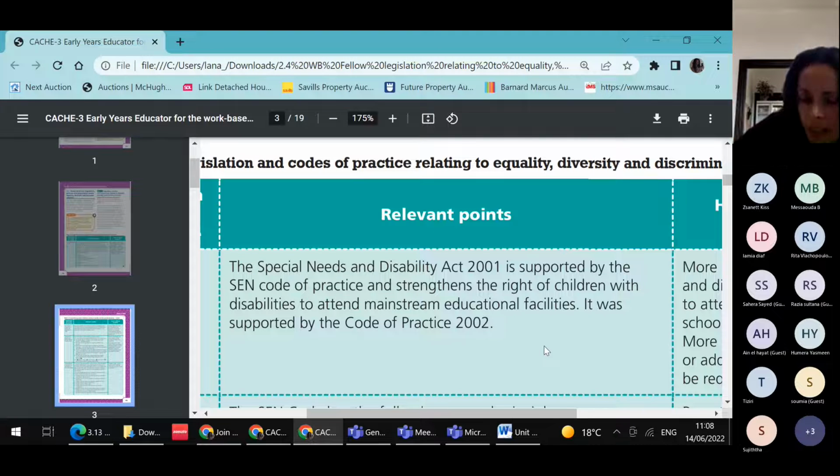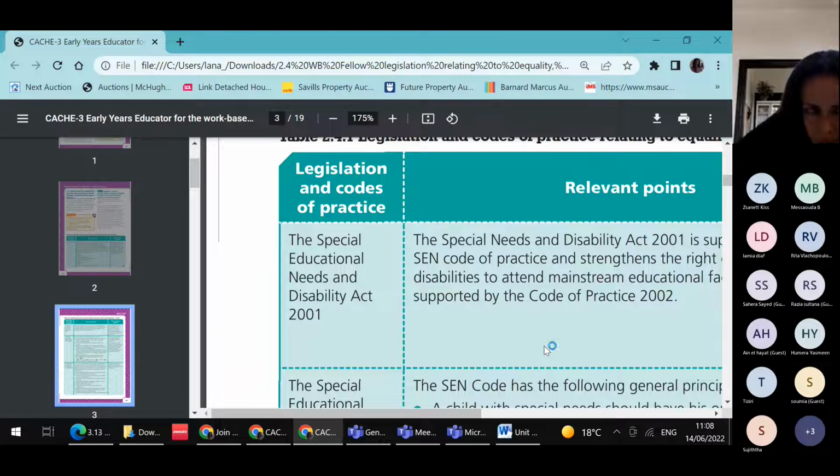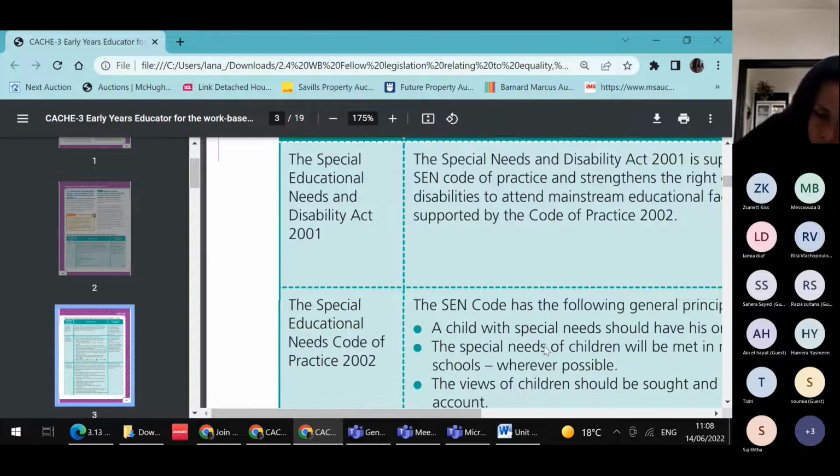It supports the right of children with disabilities to have normal development like any other children. So what we need to do is give them a good opportunity so they can develop as much as other children. We give them more support, extra support, to enable them to develop.